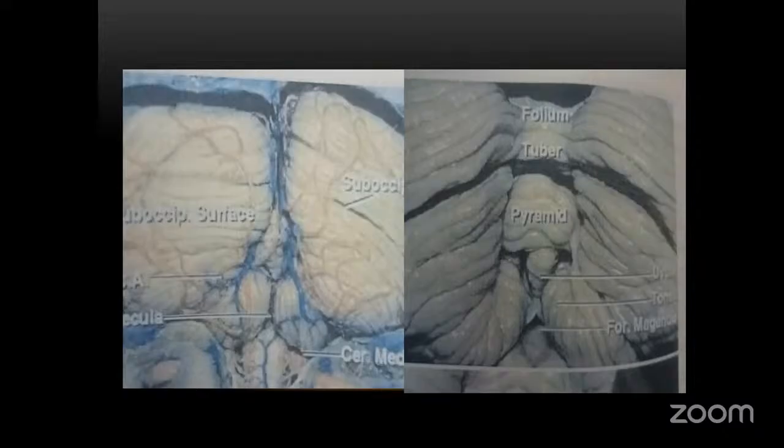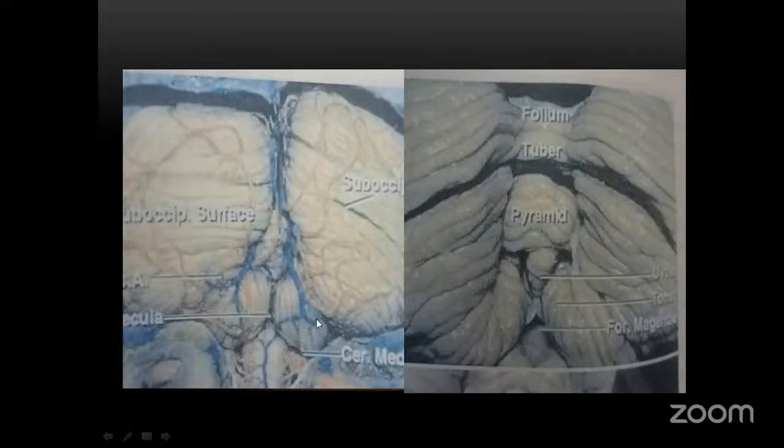Okay, actually the macula is the area where the falx cerebri, all the dura is attached here. That's why it's called the macula, or you can say the sinus is attached here. So these both are the tonsils.